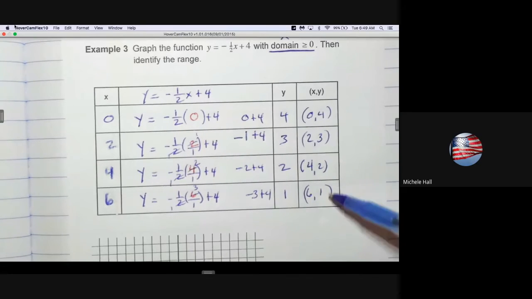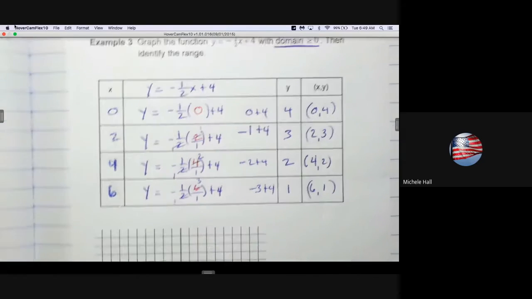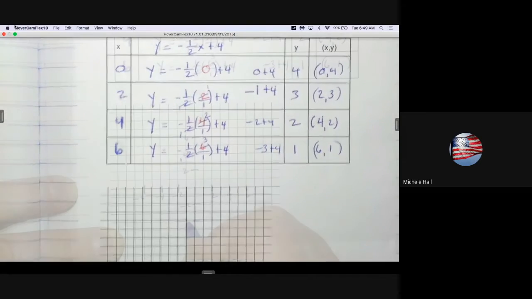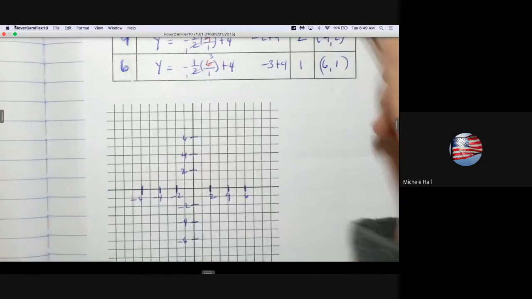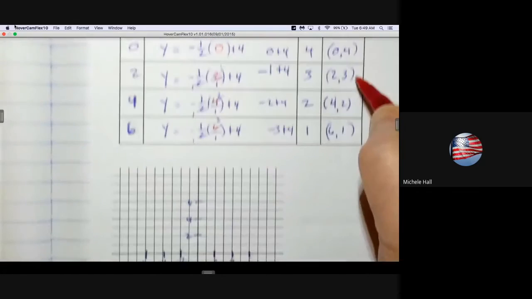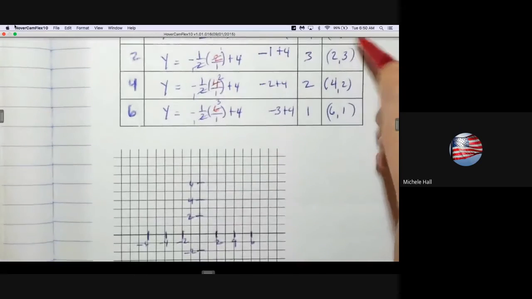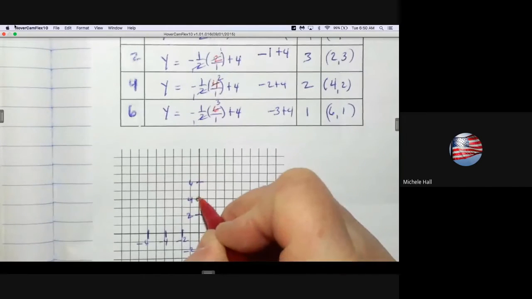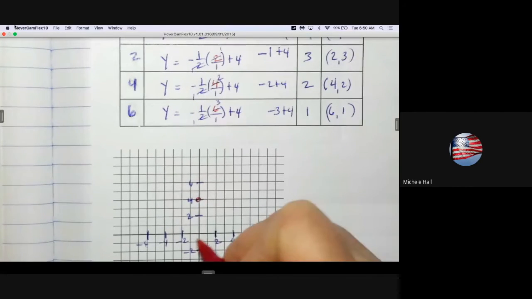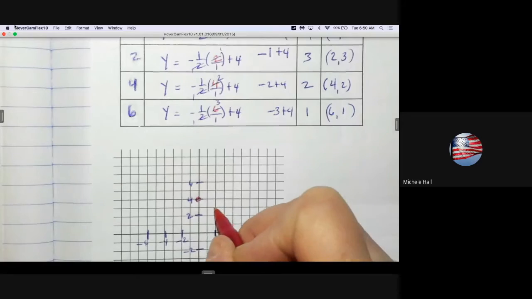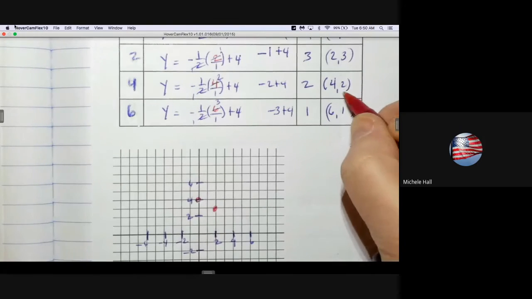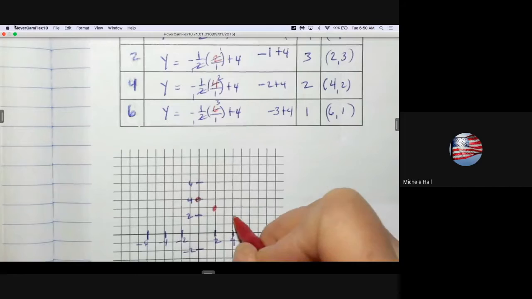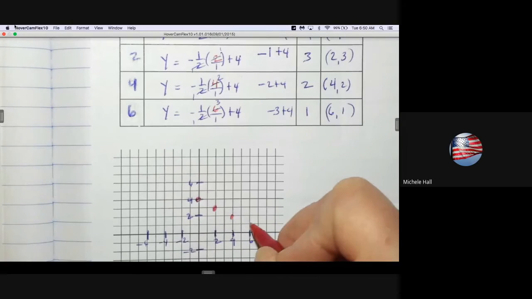All right, my largest number is 6. So I'll go out to 6 on all the axes again. All right, 0, 0, 4, 2, 3, x is 2, y is 3, 4, 2, and 6, 1.